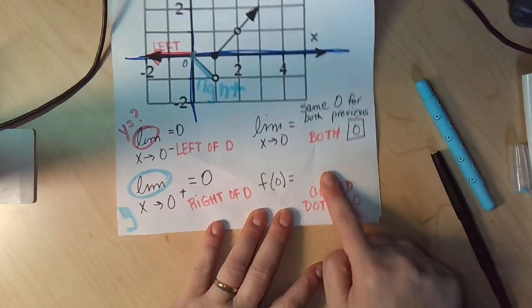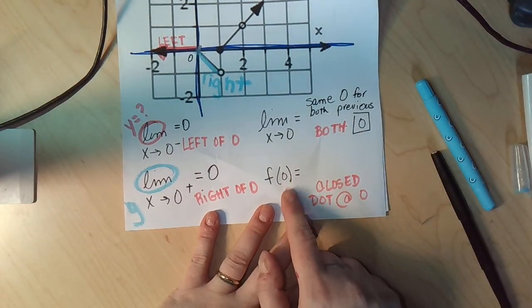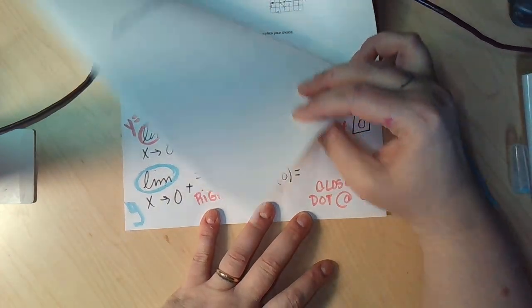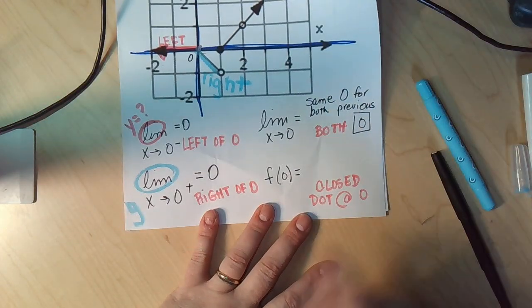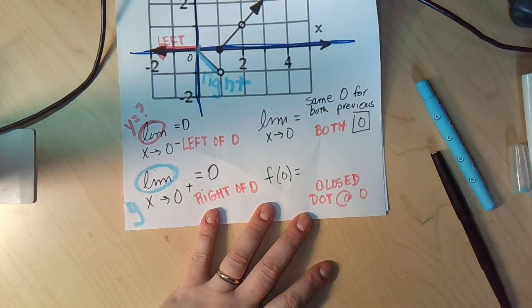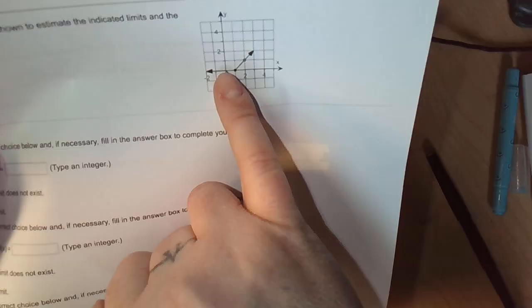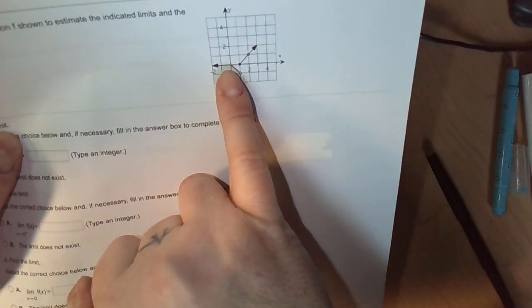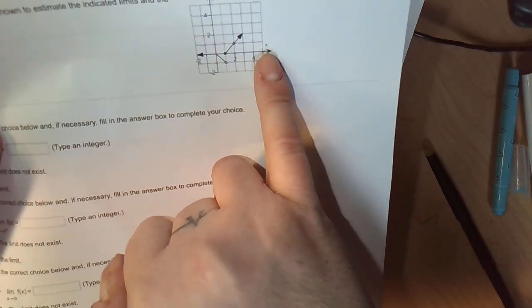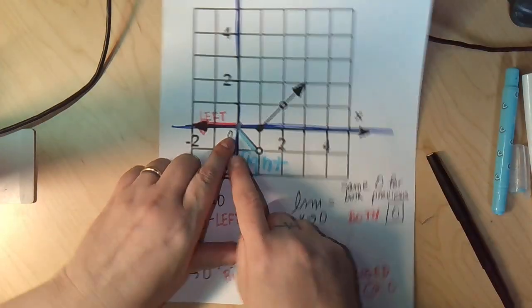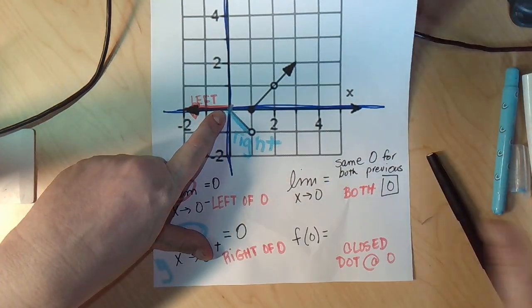Okay. This F parentheses 0 means closed dots at 0. And if we look at the picture, I kind of marked over it, but right at 0, there's no closed dot. There's one a little bit moved over to the right of it, but at this 0, there's no closed dot.